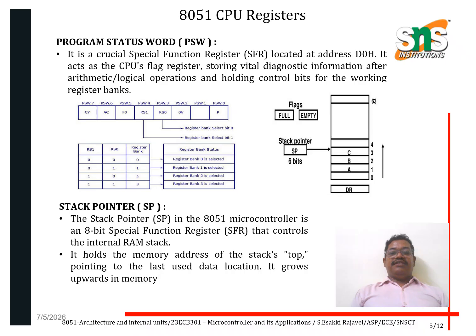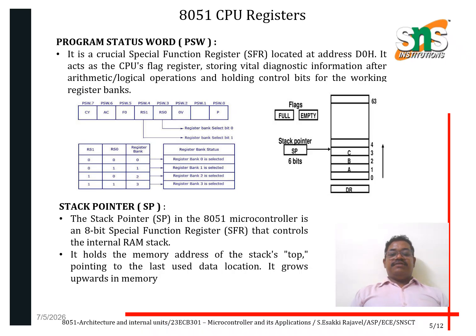The program status byte is a special function register located at address D0H, and it acts as the primary flag register, storing vital diagnostic information after arithmetic and logical operations and holding control bits for the working register banks. This is the example diagram of the program status byte. Next is the stack pointer.